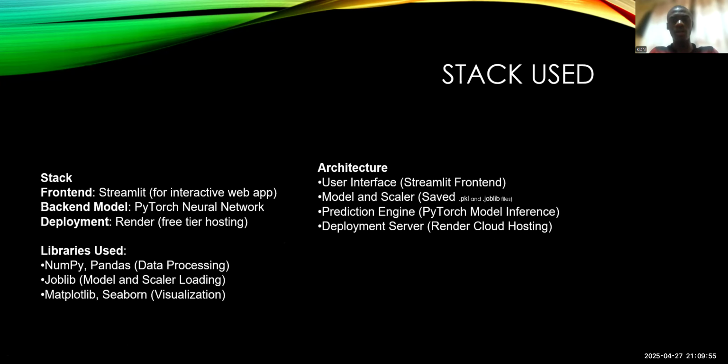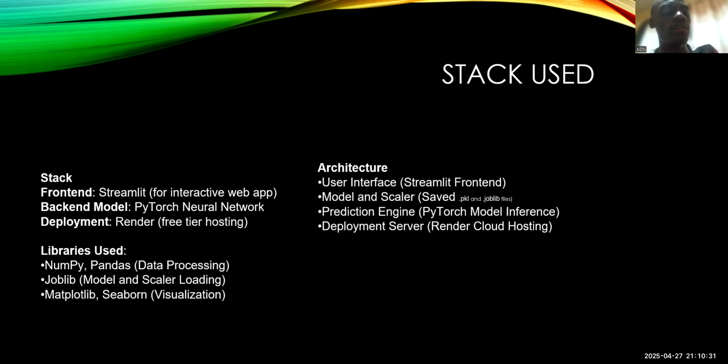Then after that, we can talk about the stack, or what we used to build the application. We have the front end part, and then we have the back end, and then we have the model we deployed. We have the libraries we used and the architecture. When we talk about the stack, the front end part was built using Streamlit, which is a front end UI developing framework for Python.